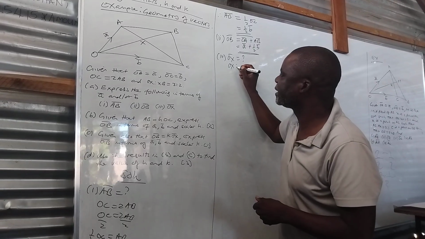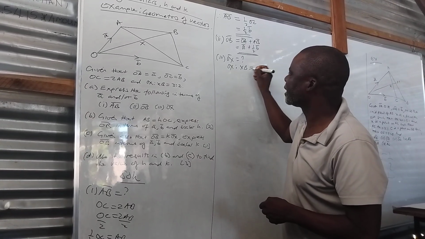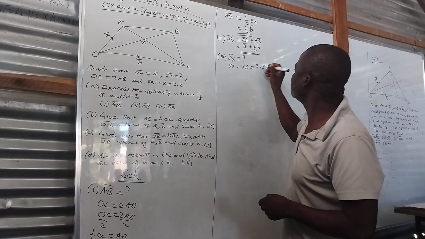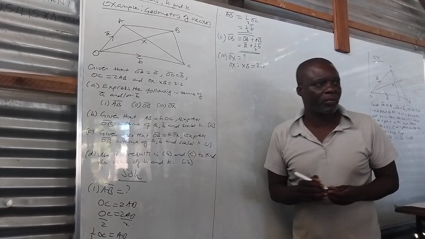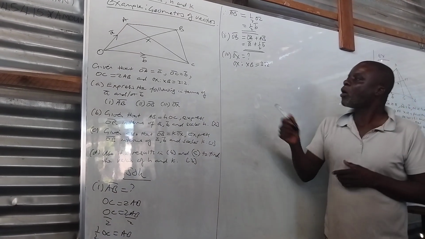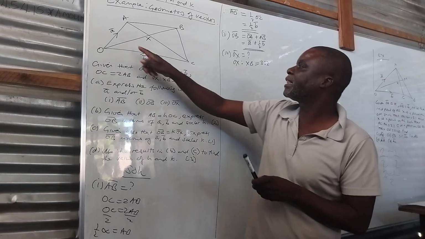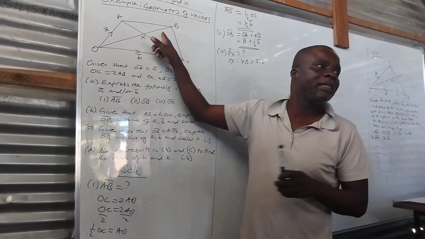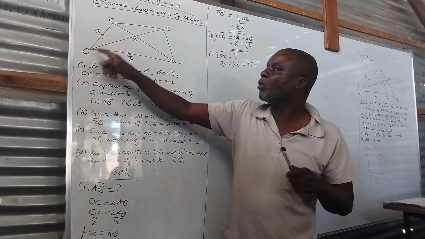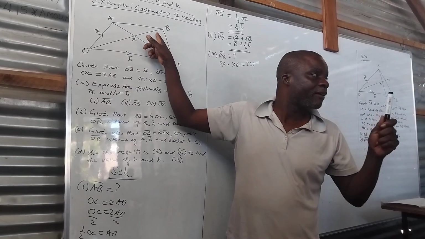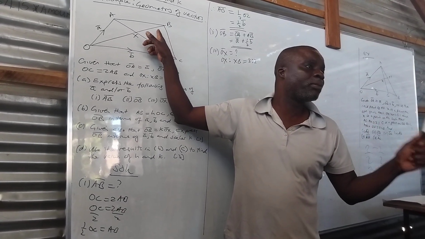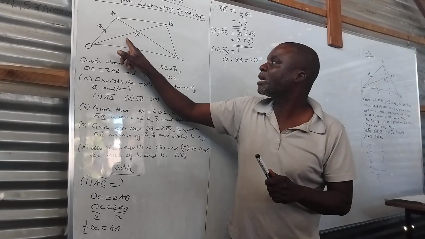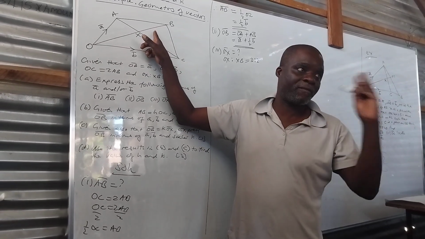OX and XB are in the ratio 3:2. OX is 3 parts, XB is 2 parts, and the whole line is 3 plus 2, which is 5 parts.